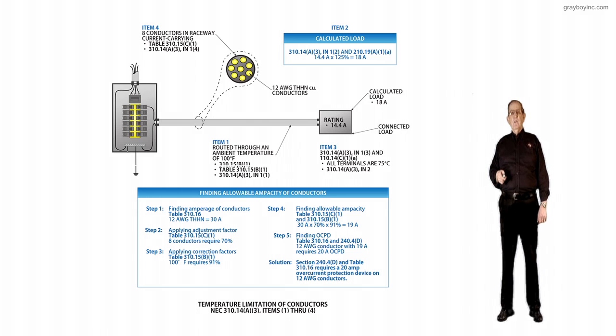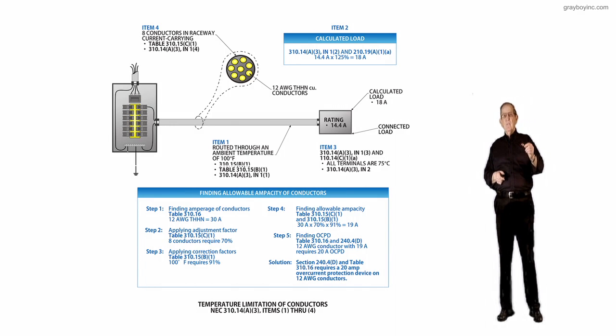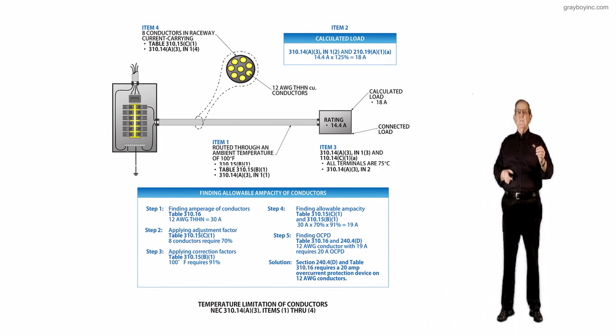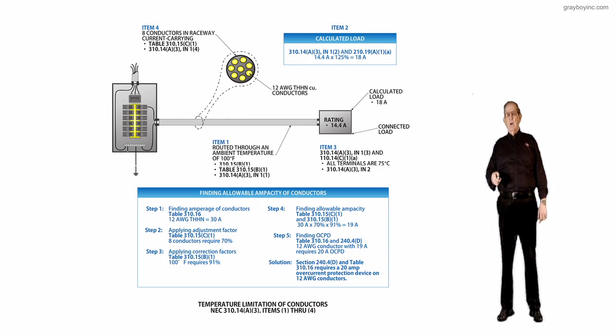And if we go to our table 310.15(B)(1), B as in boy, that used to be table 310.15(B)(2)(a). The 100 degrees Fahrenheit, no change. It's 91%. So item 2 for the 8 current carrying conductors, 70%. Note 3 for correction factors, 91%.